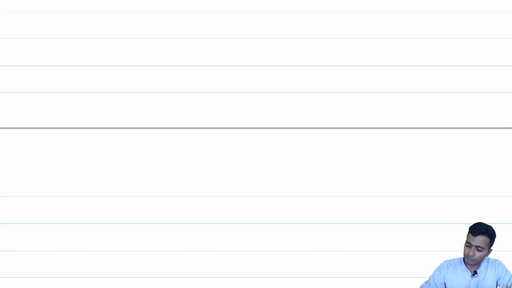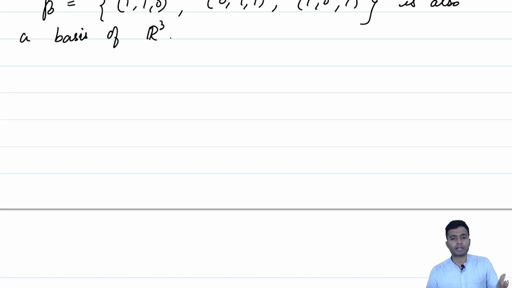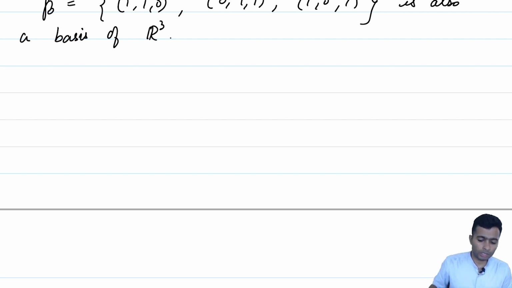This stems from a deeper fact that if you have a vector space which has a basis consisting of finitely many elements, then every basis should have the same number of elements.